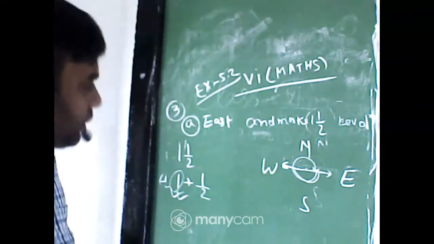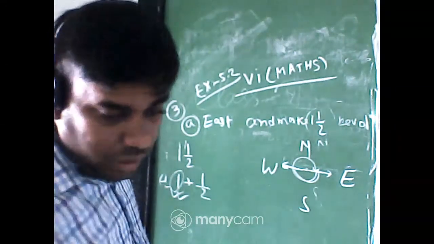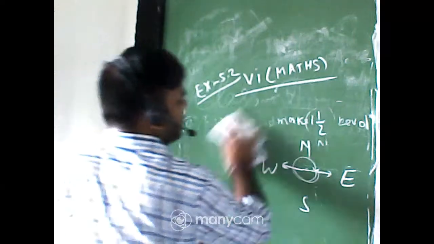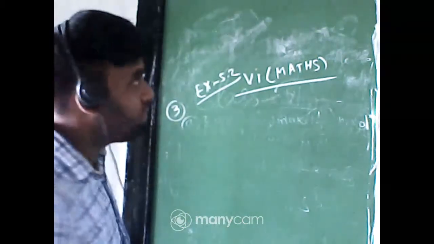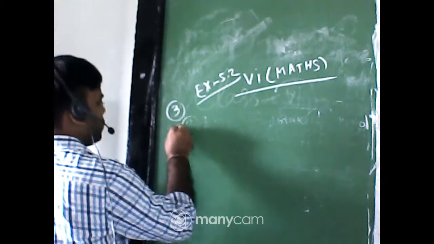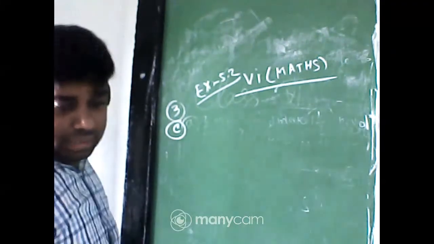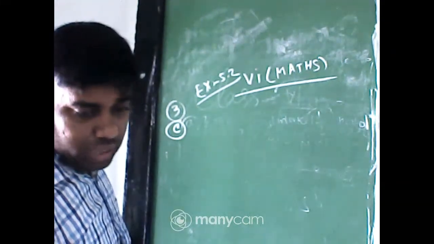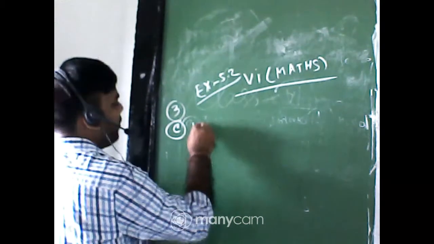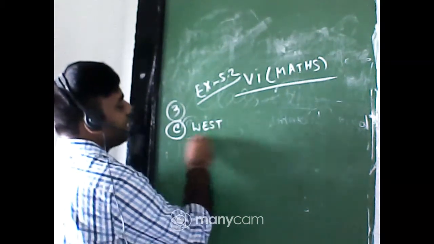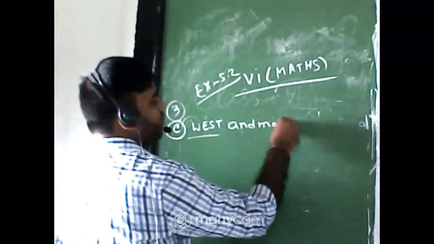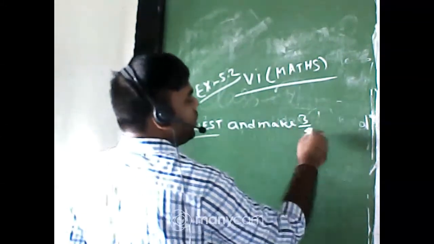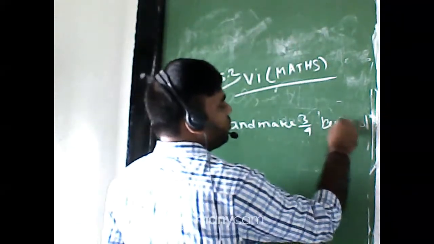Next, part C. That was part B. Now part C. Part C, that is west and 3/4 anti-clockwise. You are facing at west. I am writing that in capital. 3/4 revolution.